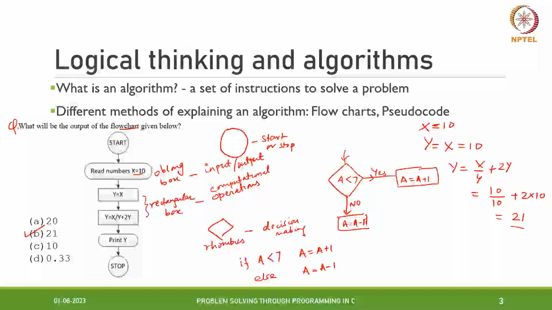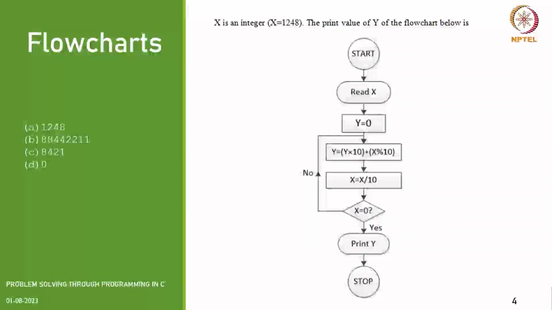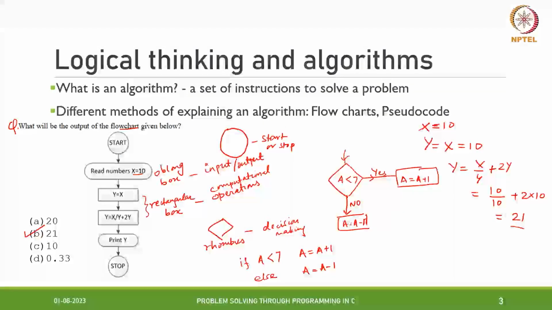Okay, yeah. So anyone else has anything to ask? All right, so let's move on to the next slide. Actually, I have a doubt. Previous slide. Third slide. Actually, this question is already there in that assignment question.